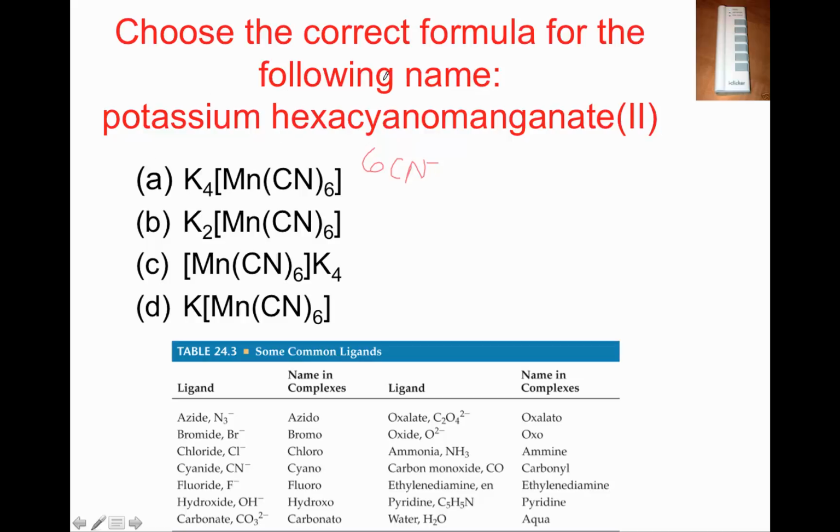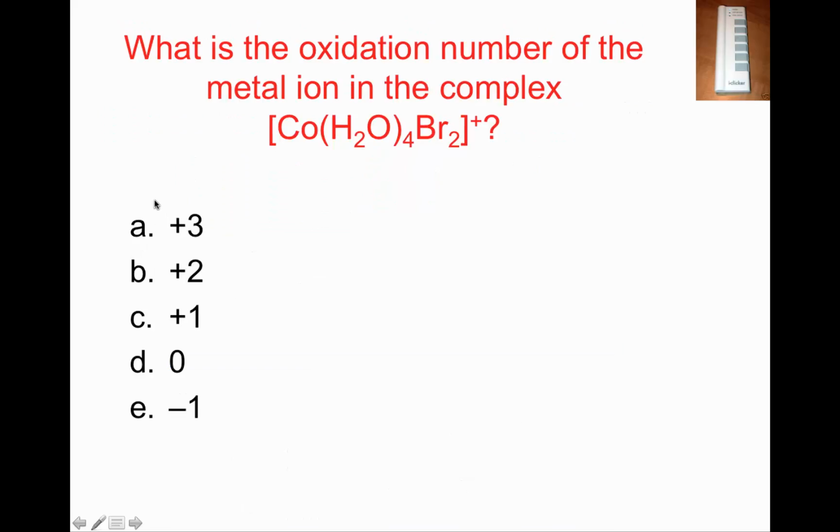So this is a negatively charged complex. This looks like it's going to be manganese in a 2+ oxidation state, because that's what the 2 here means in Roman numerals. And so I look at my charges here. I've got 6 negatives. I've got 2 positives. That must mean that I have 4 potassiums to go with it. And then we always put the cation followed by the anion. And this is the only one that makes any sense. So A is indeed the correct reply here.